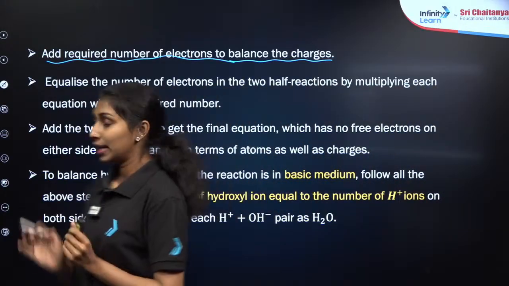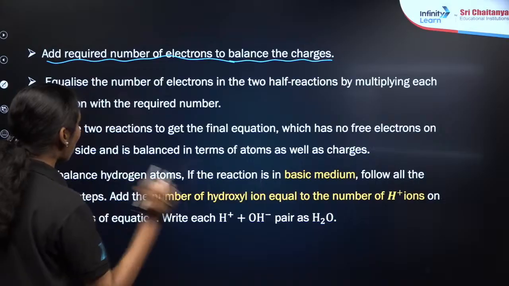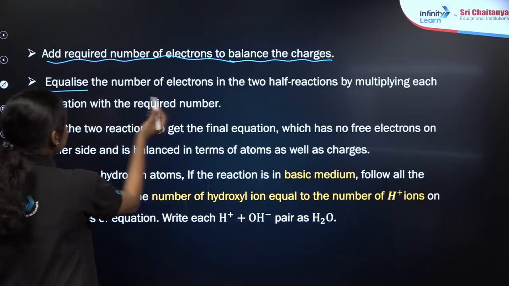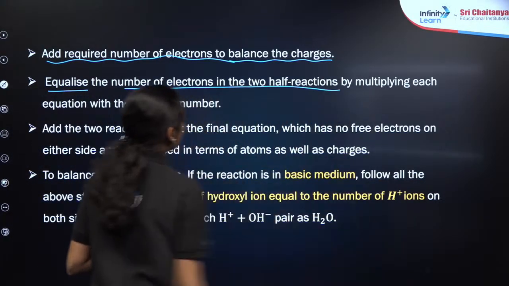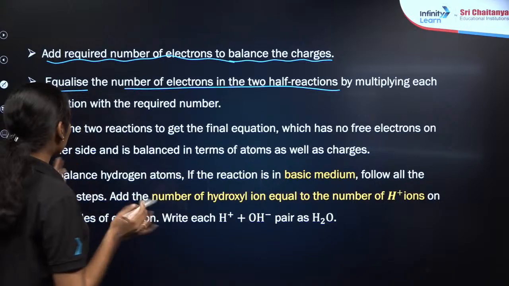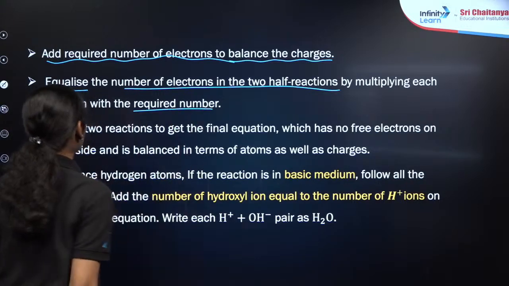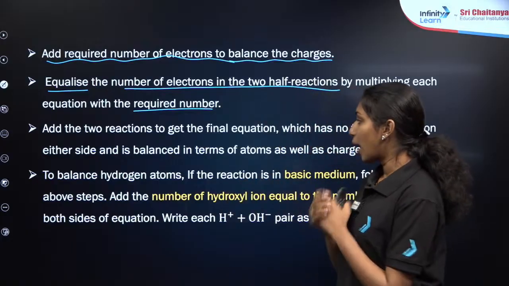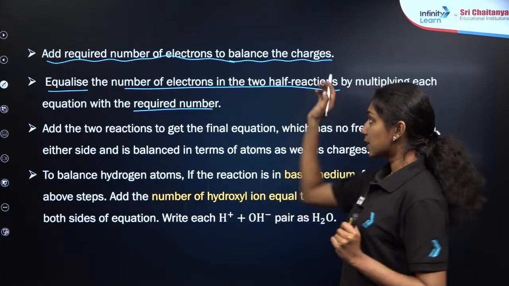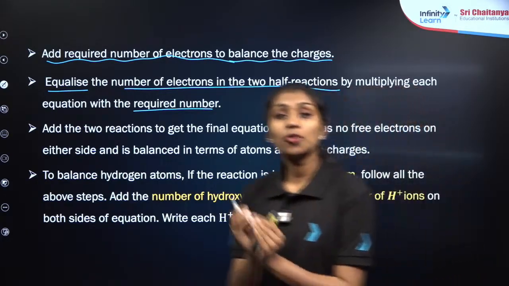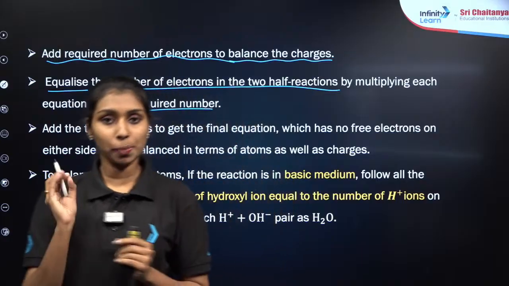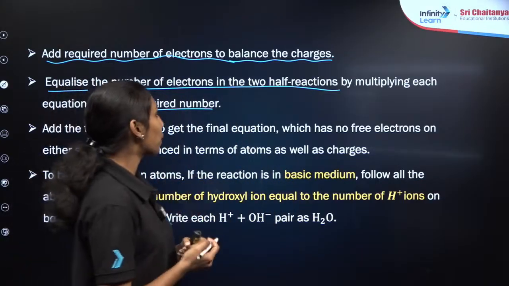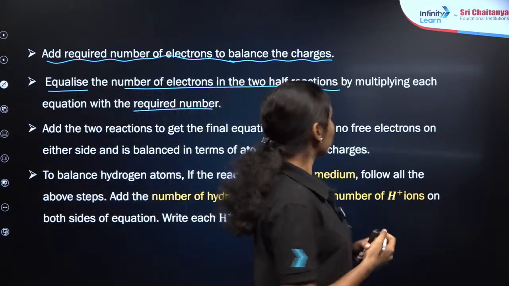Then what you have to do? Equalize the number of electrons in the two half reactions by multiplying by the required integer. The basis of this method is that the total number of electrons lost in oxidation should equal the total number of electrons gained in reduction, right?